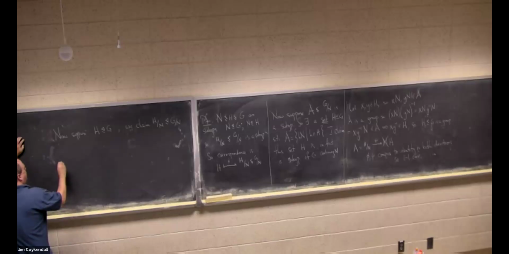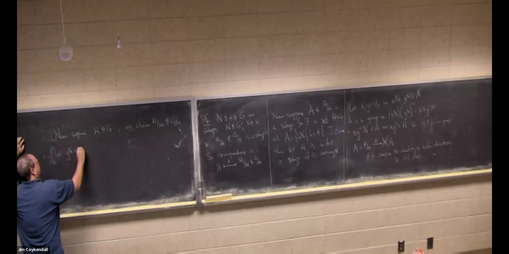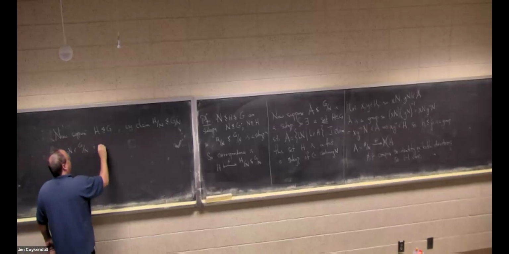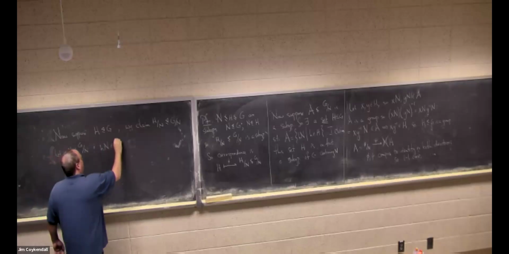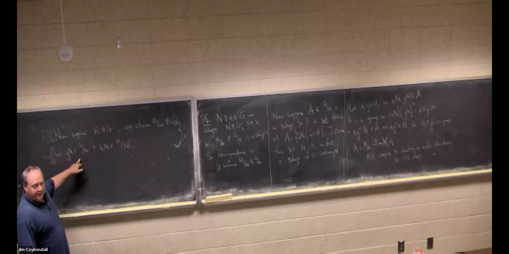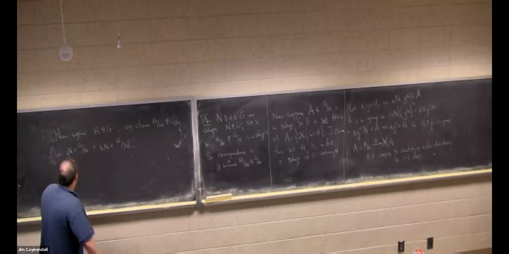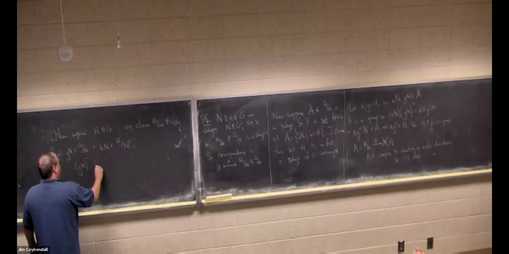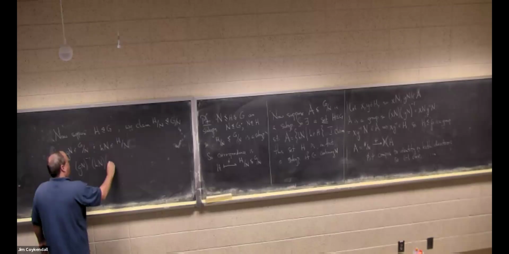Take g in G and h in H, and look at gN times hN times (gN) inverse.